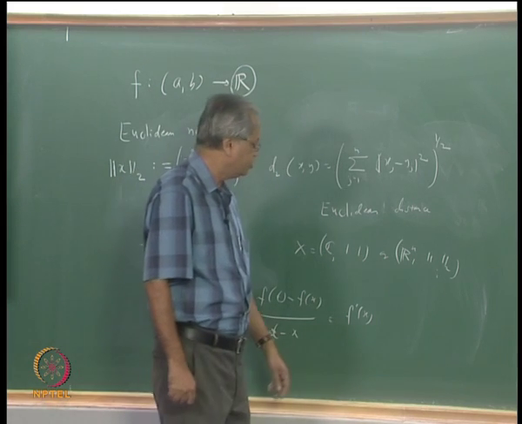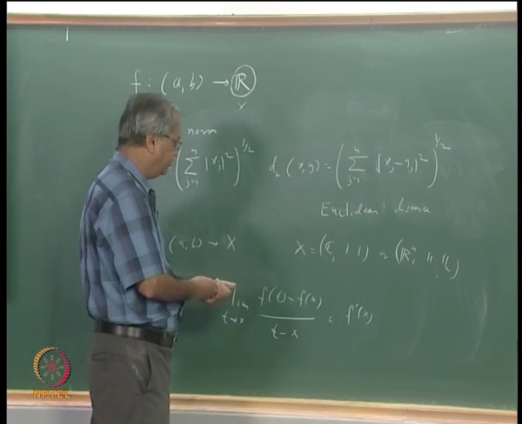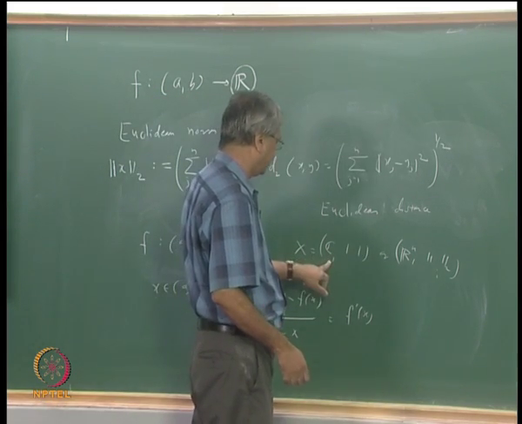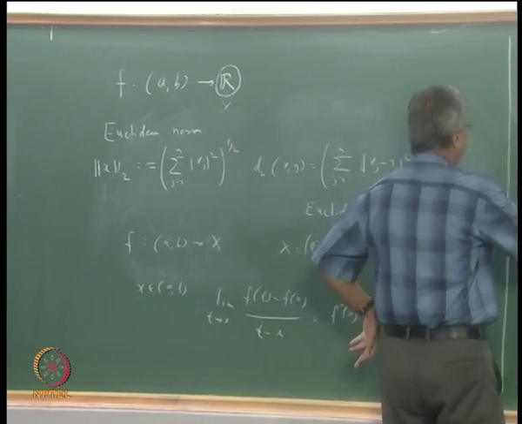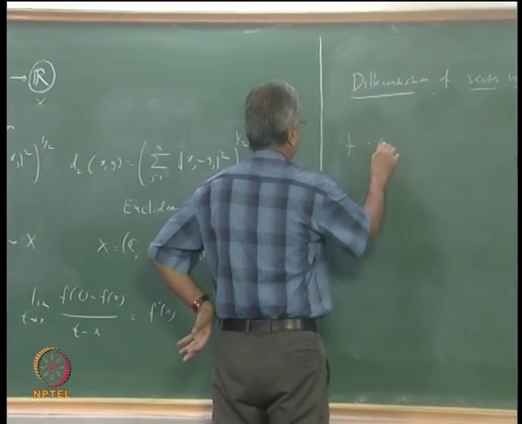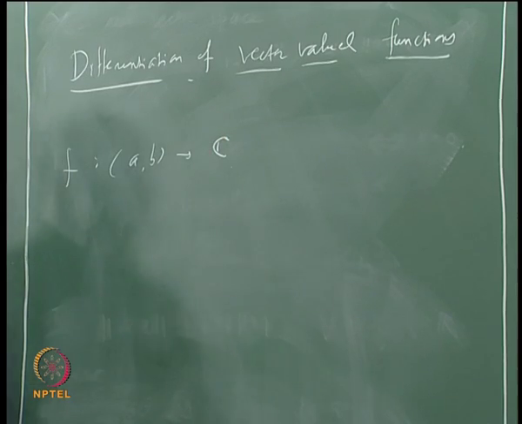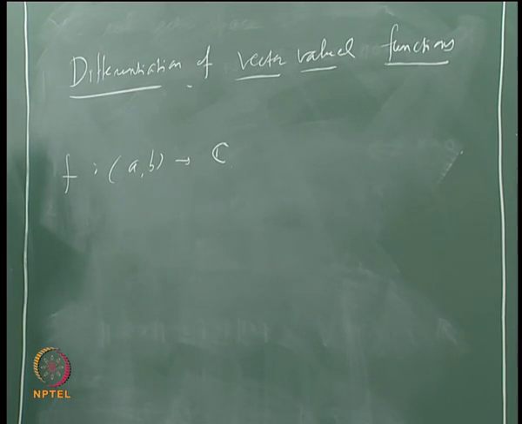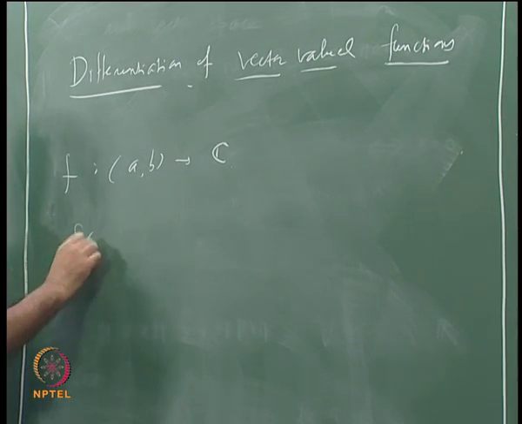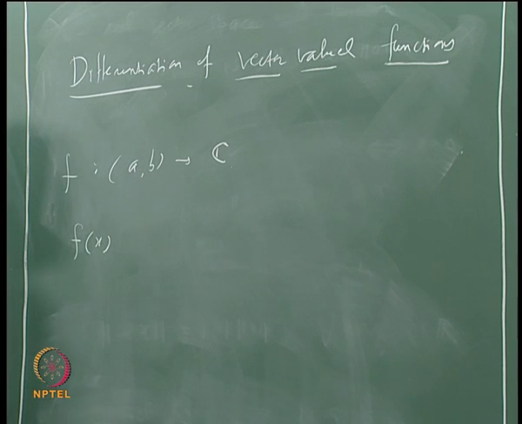Then one can also see the following things. Let us first take the case C. Suppose f is a function from (a, b) to C. What does this mean? It means that f(x) is a complex number, and each complex number has a real and an imaginary part.